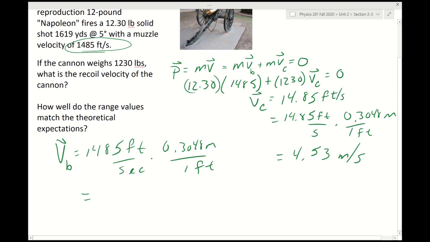And in fact, it is just 100 times this, 453 meters per second at 5 degrees. So I'm going to leave this as an exercise to determine theoretical range.